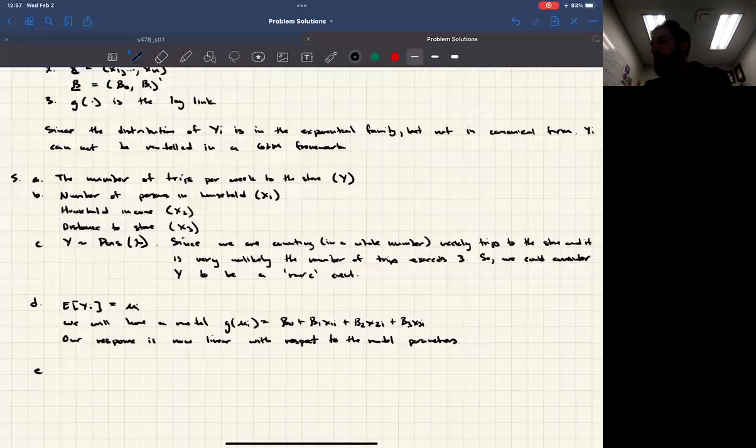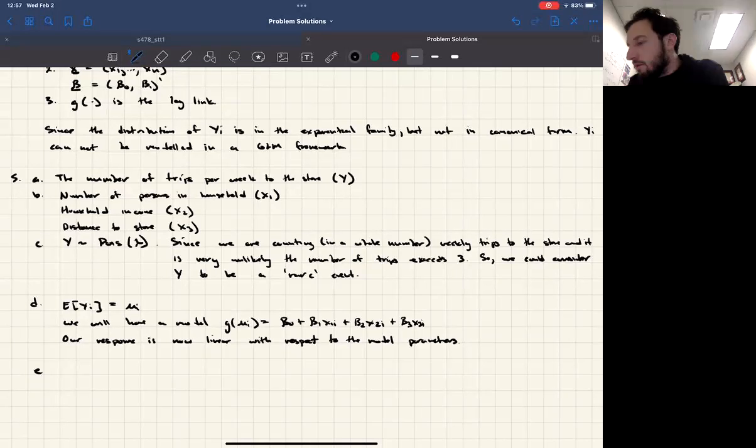So the question then becomes, do we expect an increase in these components to lead to an exponential increase in the outcome, or would we expect the increase to be linear? That to me is a difficult question to answer, not really knowing a lot about the factors that affect trips to the grocery store.